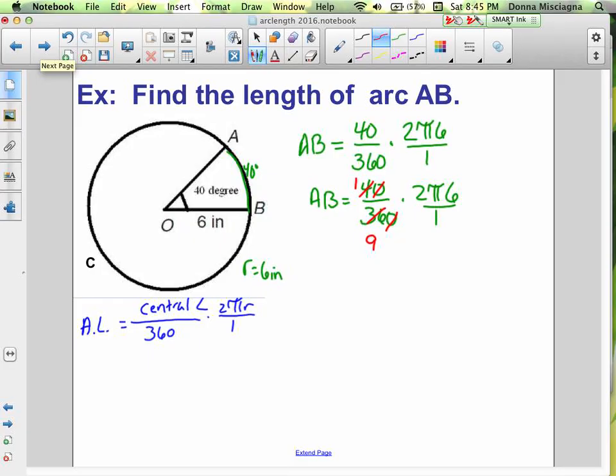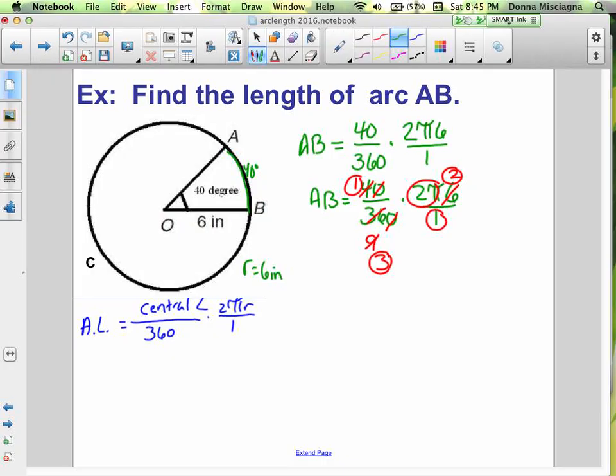Can we reduce anything else? All right, so let's see. 9 and 2 don't have any common factors, but what about 9 and 6? Well, 6 is divisible by 3. 6 divided by 3 is 2. 9 divided by 3 is 3. So now we're going to multiply what's left in the numerator together and what's left in the denominator, and that's going to give us our answer.